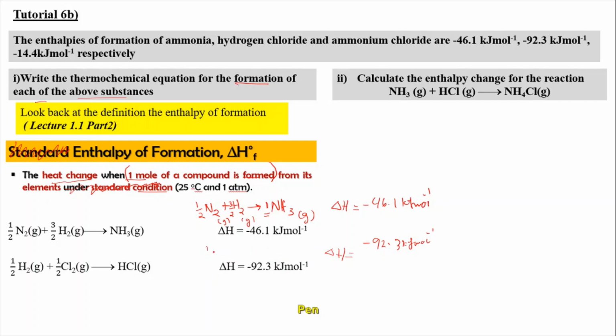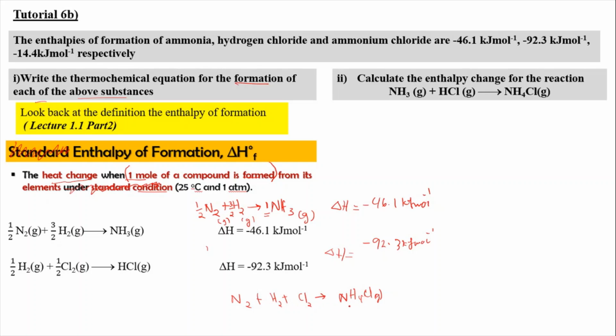Right? And now the last part is we need to find the enthalpy of formation of the ammonium chloride. So ammonium chloride is NH4Cl, which is in the form of gas as well. And then we need to combine nitrogen gas plus hydrogen gas and chlorine gas. Okay. So here need to be 1 mole because the definition says 1 mole of a compound, which is ammonium compound, is formed.